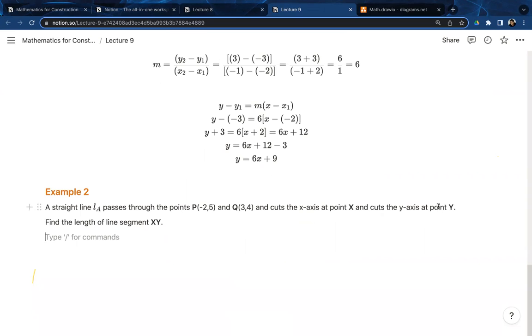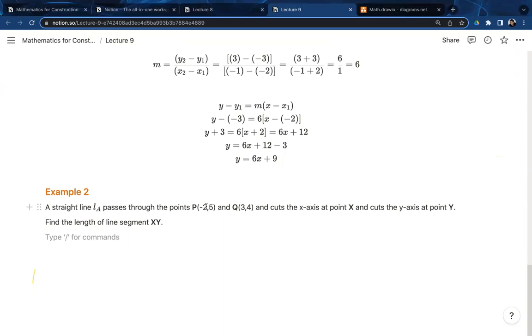Now, I don't know what the coordinates of X and Y are, but I know they are derived from where this line cuts the different axes, the x-axis and the y-axis. But I don't know where it cuts the axes. I have to find that out. All I know is I know 2 points on the line.